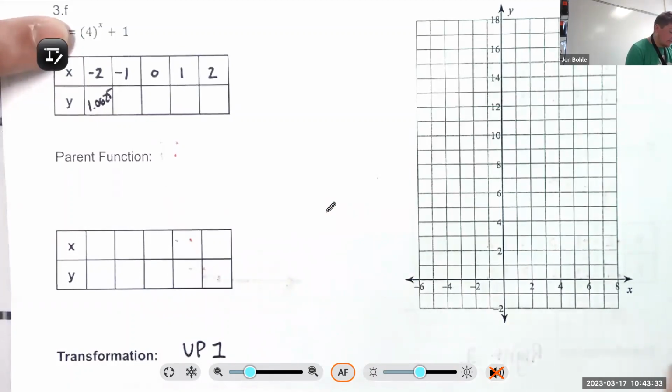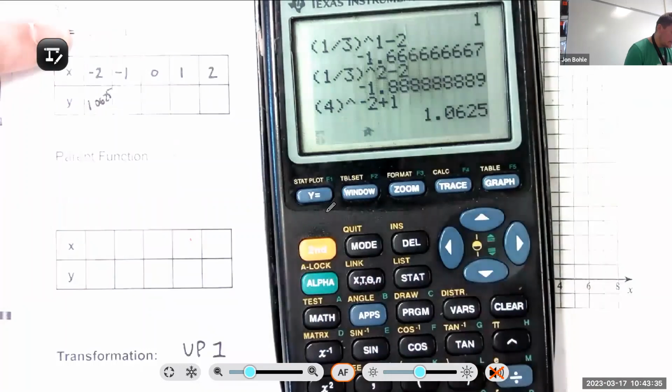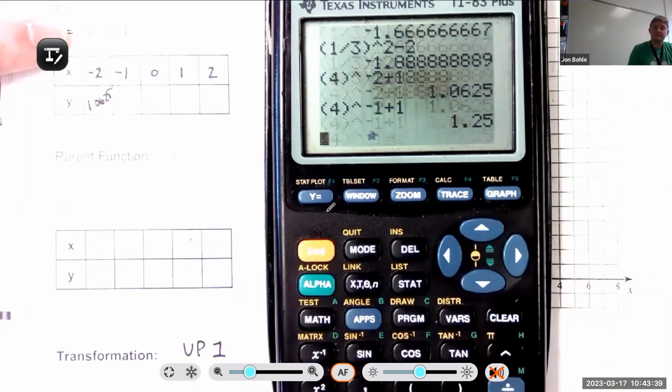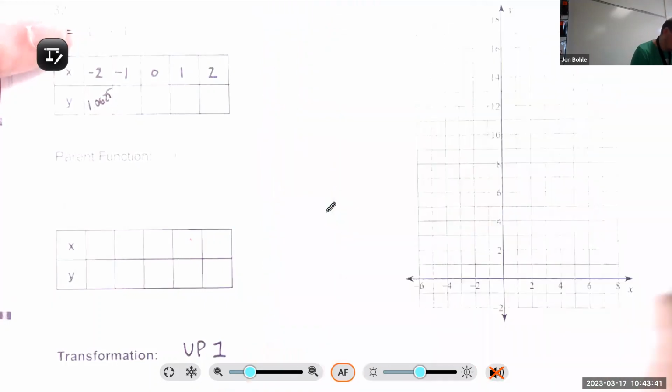We're going to do the exact same thing, but instead of -2, we're now going to use -1, 1.25.